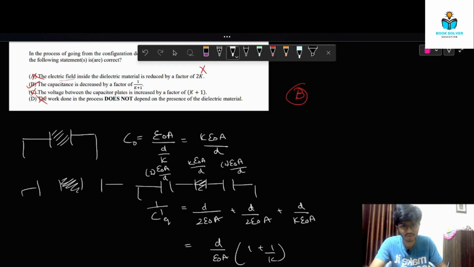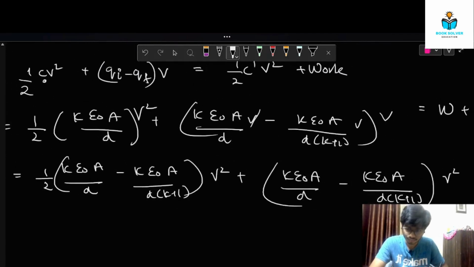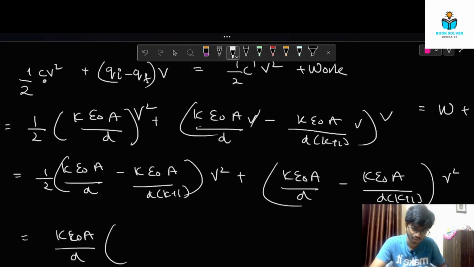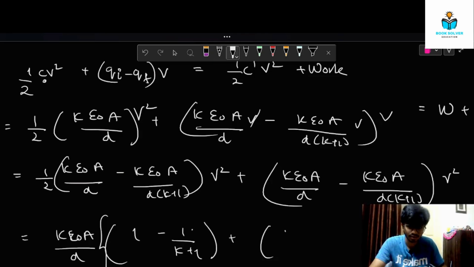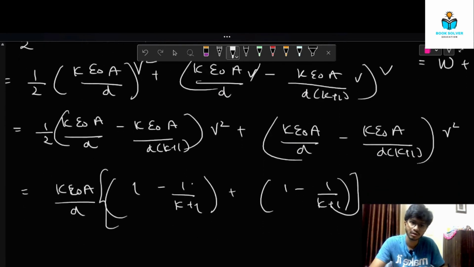Anyways, we'll still solve what the answer to this one is. So this will be equal to, we can take K epsilon naught A by d common here. It will be K minus 1 by K plus 1, 1 minus 1 by K plus 1.